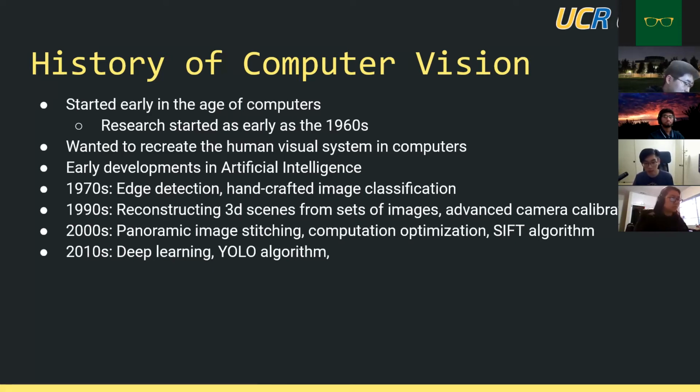We have a lot of computation optimization. Before, not only because of physical constraints, the algorithms that people used were a lot less efficient than they are now. And there's also the SIFT algorithm, which is an object detection algorithm that's really, really efficient and really effective.